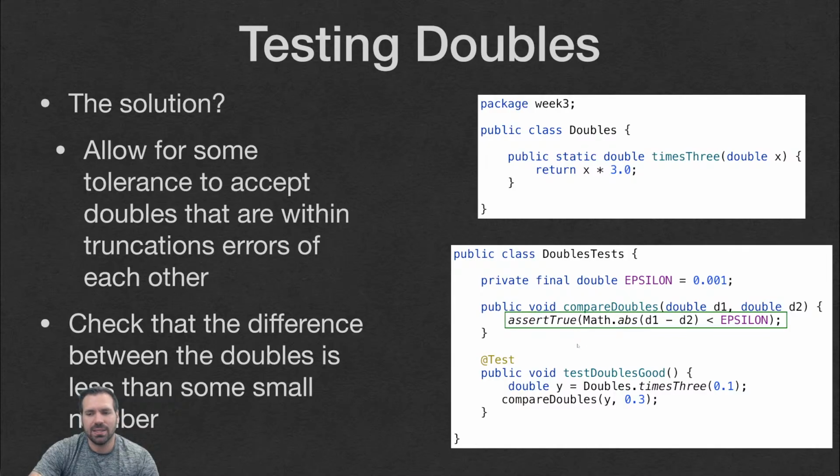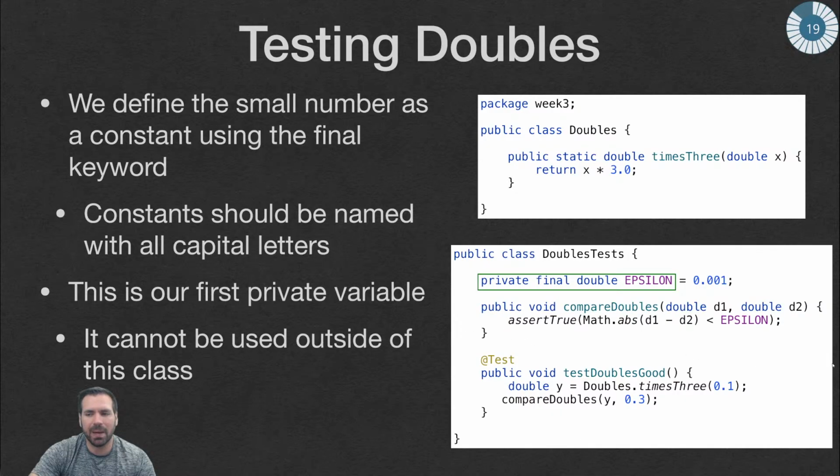So we have to handle this, and the way to handle it is by allowing some tolerance. Allowing these values to be different by some small value. I like to call that value epsilon, and I'm creating this as a private constant. We talked about both of those earlier.